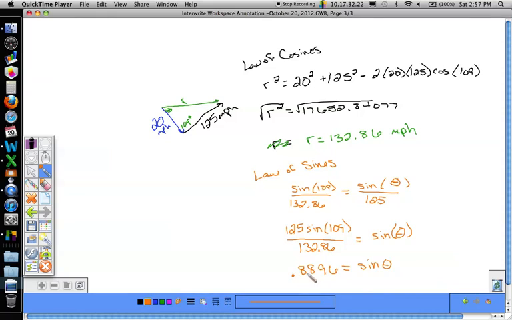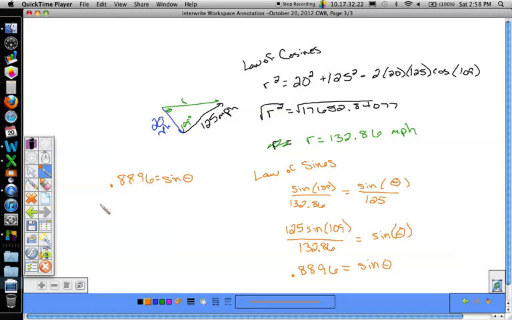So our next step, we need to get rid of sine. Right above the sine button on your calculator is something called sine inverse. If we take the inverse of something, it gets rid of it. So our next step, and I'm going to go right off to the side over here, so I'm going right to left, I'm sorry, but it's going to be on the left side. So we now have 0.8896 equals the sine of theta.